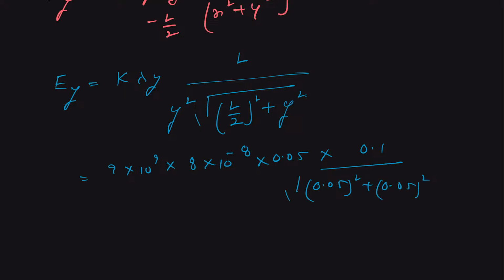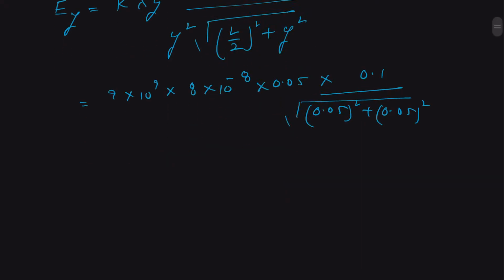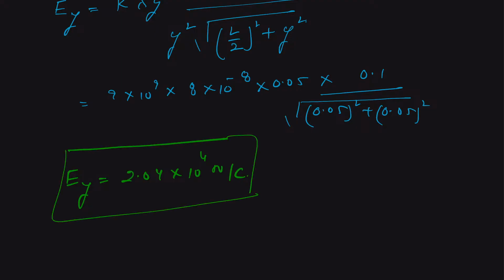So we get that electric field in y direction will be approximately 2.04 into 10 to the power 4 Newton per coulomb. Okay, and this is for point B.